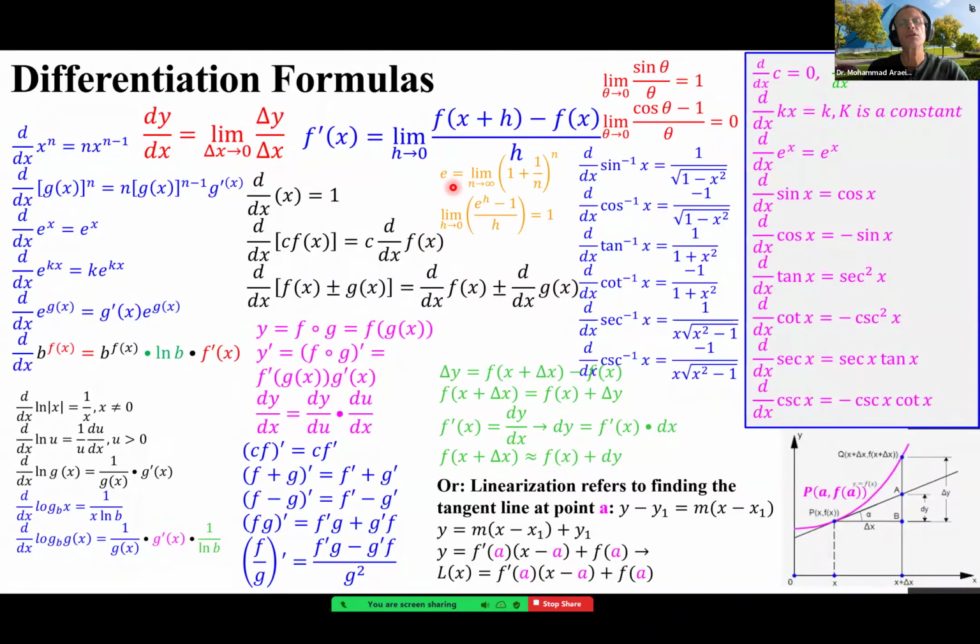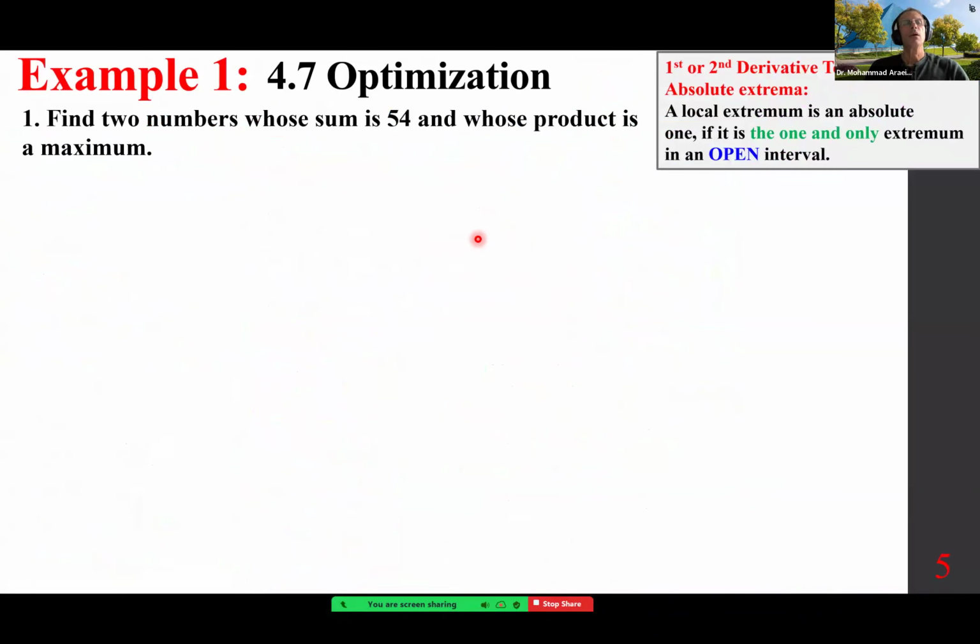And of course, the definition of e is the limit of 1 plus 1 over n to the power of n as n approaches infinity, or the limit of (e to the power of h minus 1) over h as h approaches 0 equals 1.